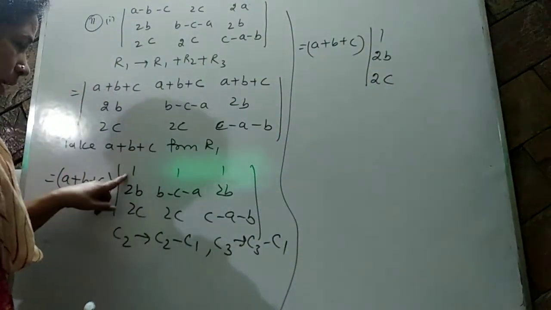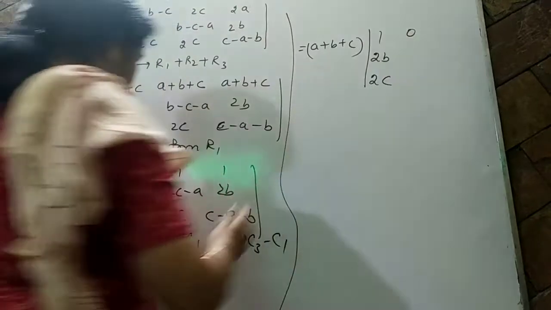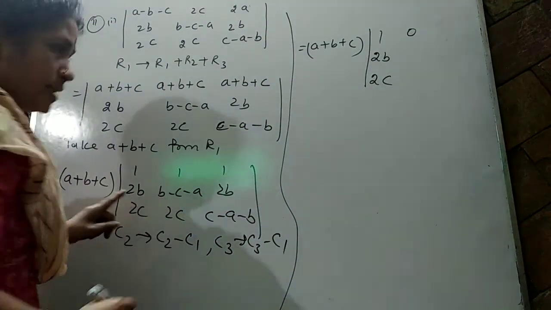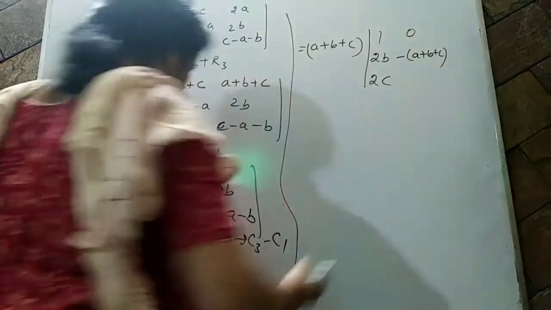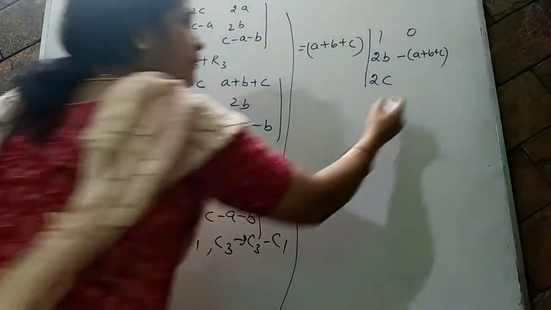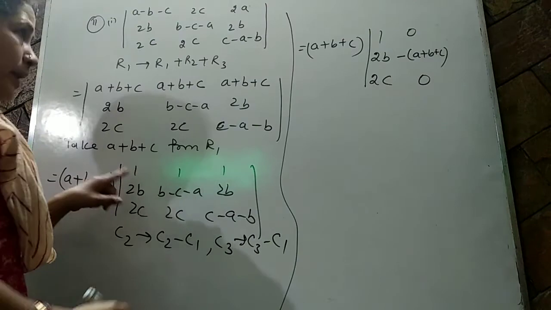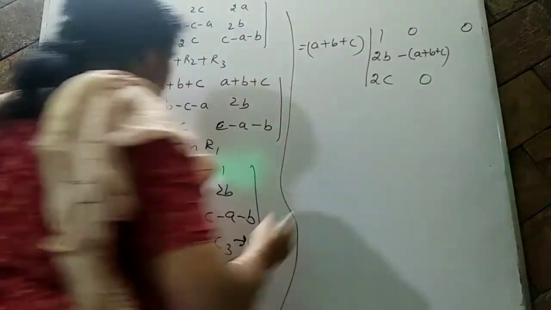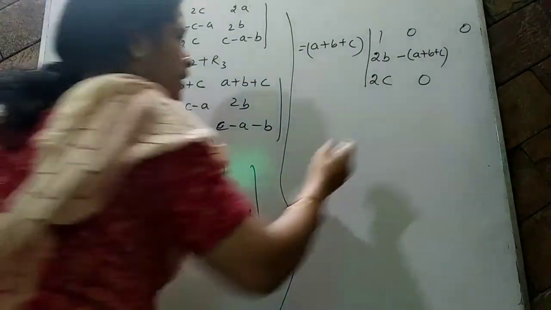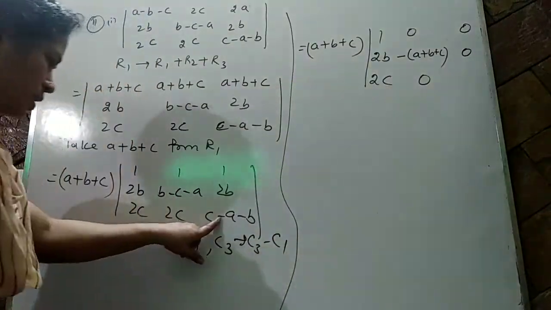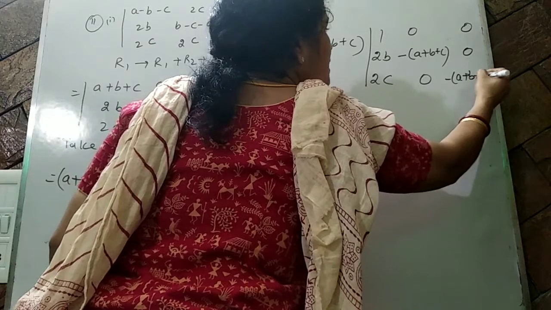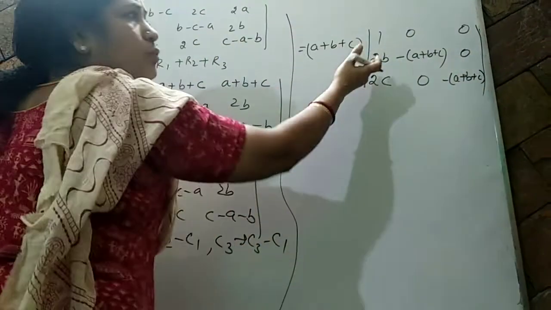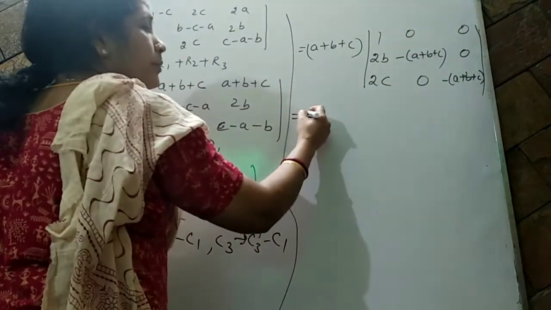If I do C2 minus C1, 0. Now this minus this minus this, if I take out minus common, I will get A plus B plus C. Now this minus this gives 0. 1 minus 1, third element is 0, third column, 2B minus 2B gives 0. Again if I take out minus common, I will get A plus B plus C. Now using R1 you can open the determinant.